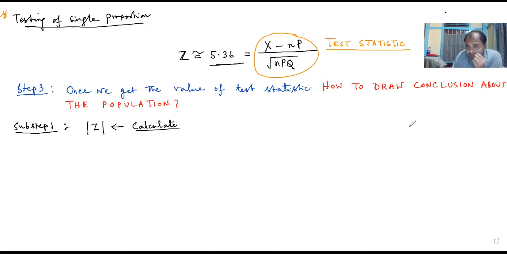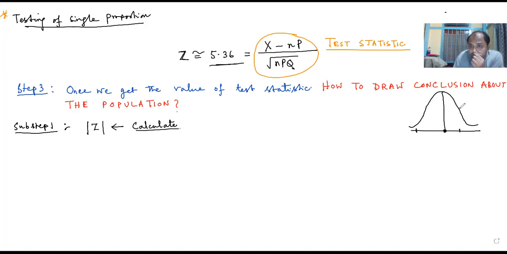Z is the normal variate. Remember. So I am trying to visualize the system from the perspective of this standard normal variate. Now, when you are calculating capital Z, in this particular case, Z has come out to be positive. But it may so happen that in certain problems, the Z value can become negative. So the Z value of your problem can either be situated over here or over there. But the conclusion part is saying that if you want to draw a conclusion about the population, then you don't have to deal with both parts of the normal curve.